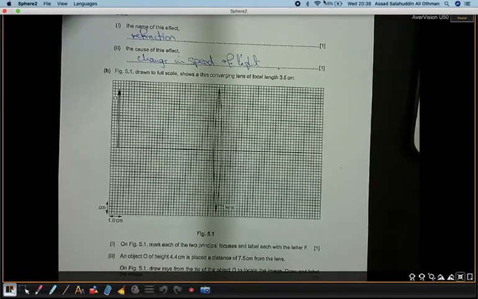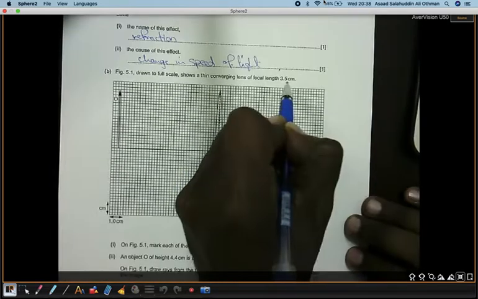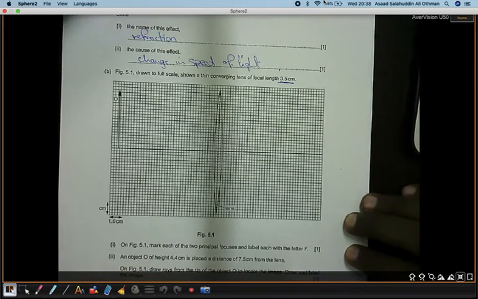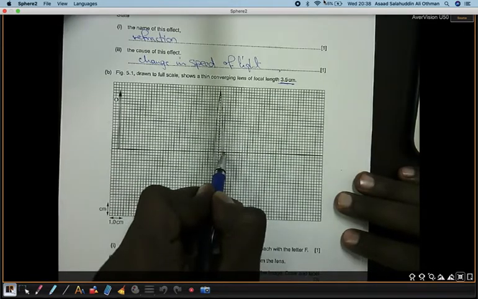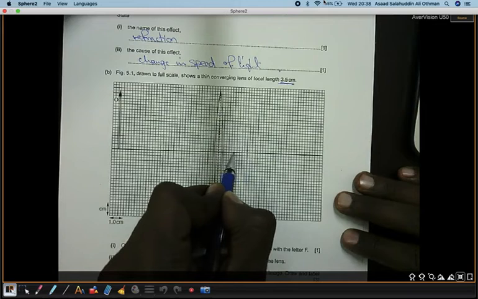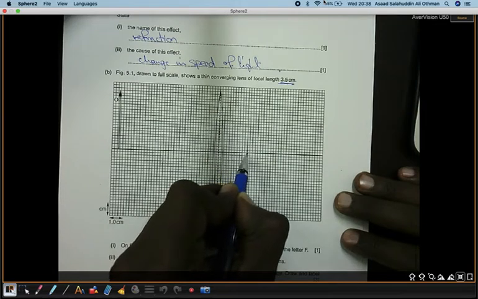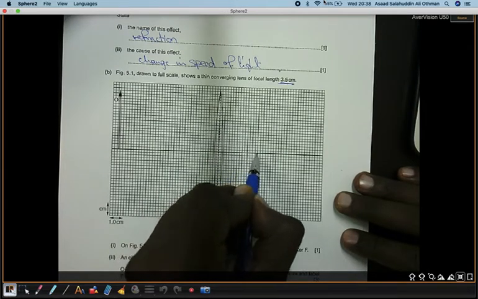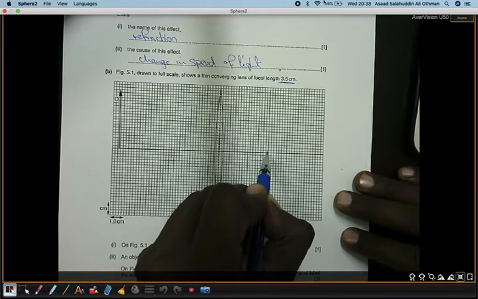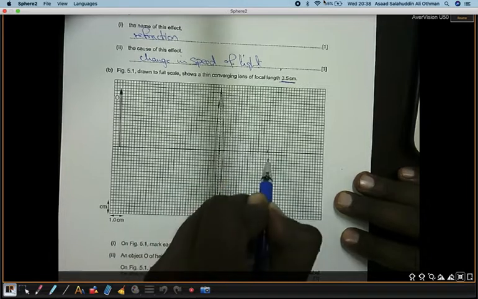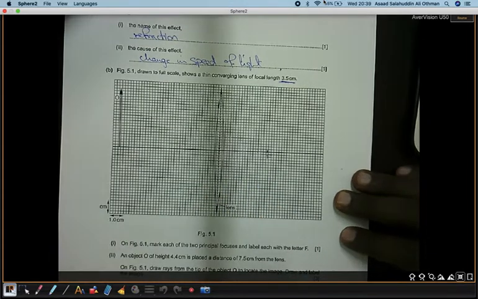On figure 8, mark each of the 2 principal focuses and label them with F. So the principal focus needs to be 3.5 centimeters. 3.5 centimeters, let me start counting. Okay, that's one principal focus, 3.5.